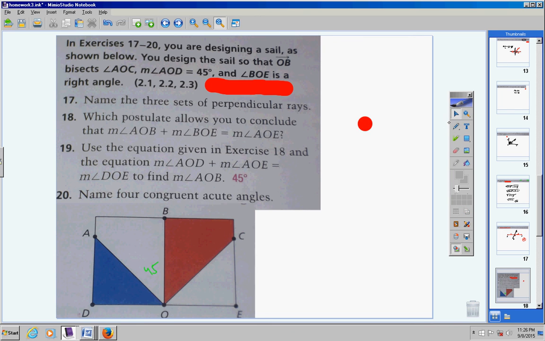45 degrees. Lastly, name 4 congruent acute angles, okay? Angle DOA. This angle here is 45 degrees. Angle AOB. Angle BOC. And angle COE.